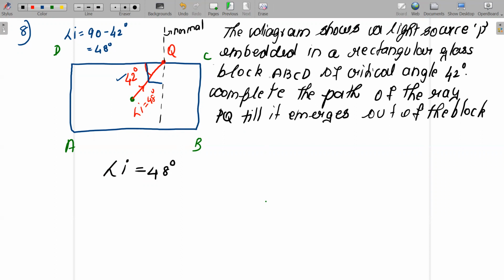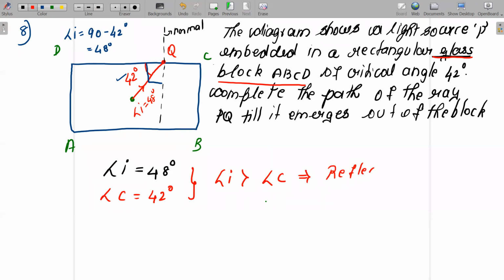They already given this is a glass block ABCD. So what is the critical angle for a glass? 42 degree. From this, we can understand angle of incidence is greater than critical angle, right? Then what happened? Reflection will happen, right? When angle of incidence is greater than the critical angle, then reflection should happen, right?